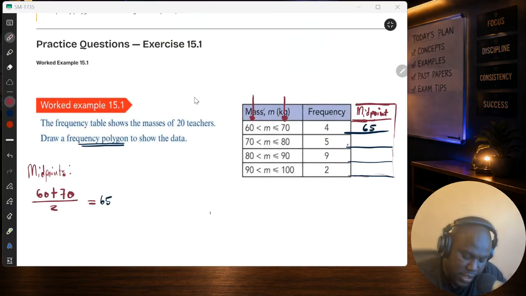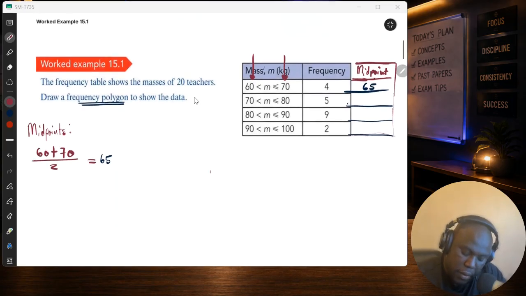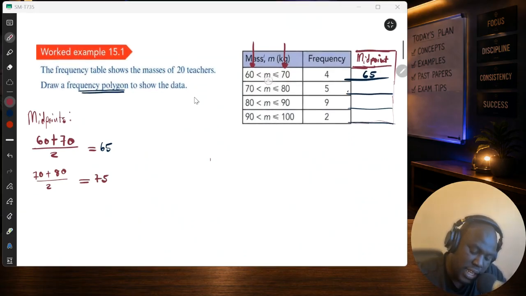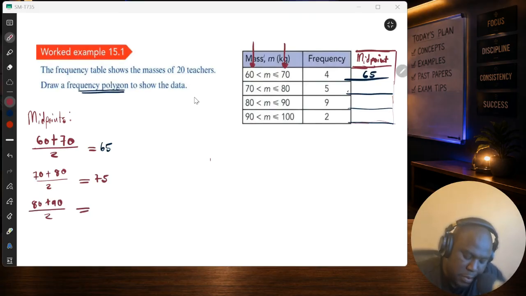So that's the one we are sketching. Then the other one is 70 plus 80 divided by 2. 70 plus 80 is 150. You divide by 2, you get 75. 75 is between 70 and 80, so that's easy. Here you can say 80 plus 90 divided by 2. What number is between 80 and 90?